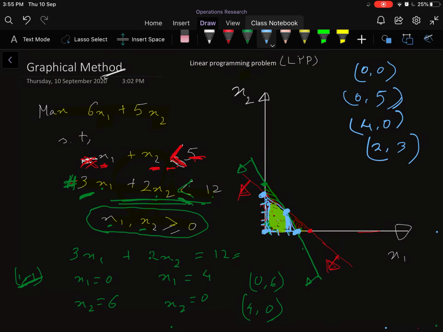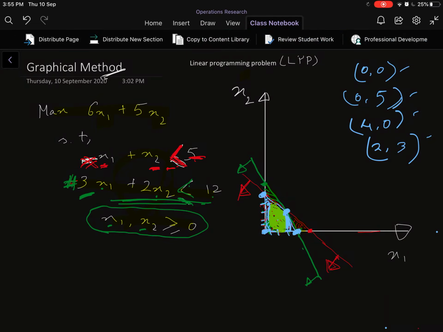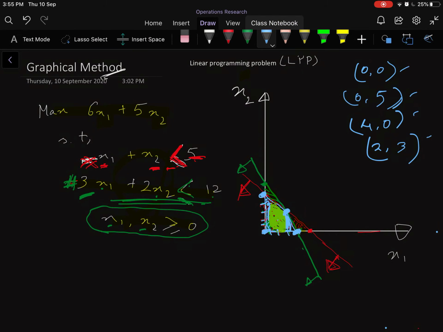Okay, now see, let's find out what is the value of the objective function for each of these corner points. For the first corner point, the value of the objective function is 6 into 0 plus 5 into 0, which is equal to 0.